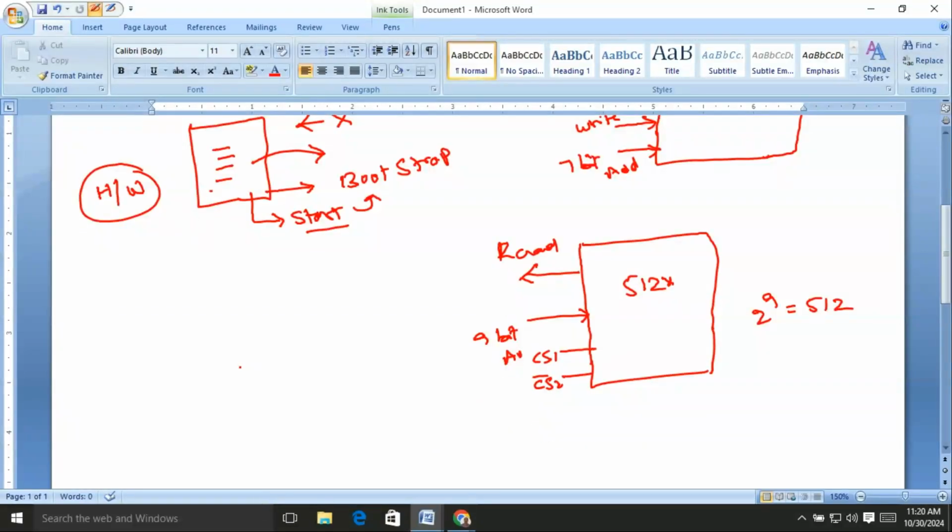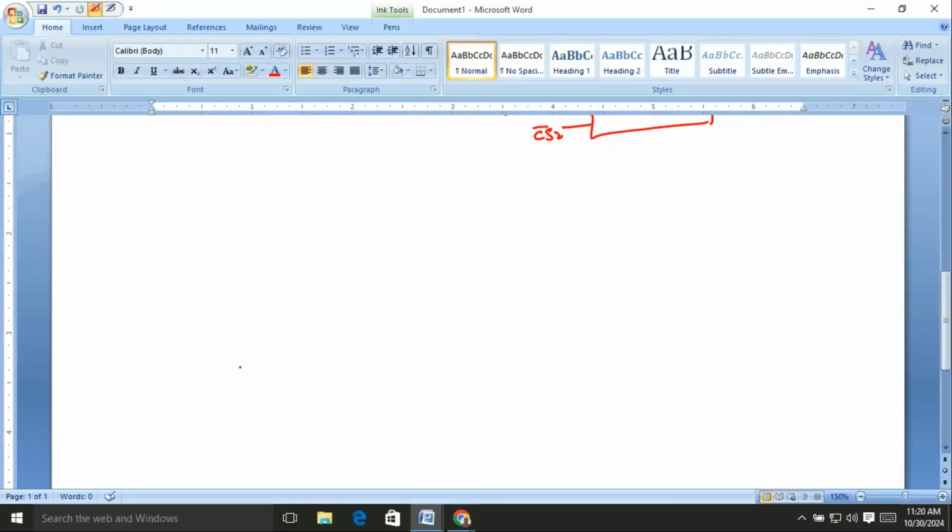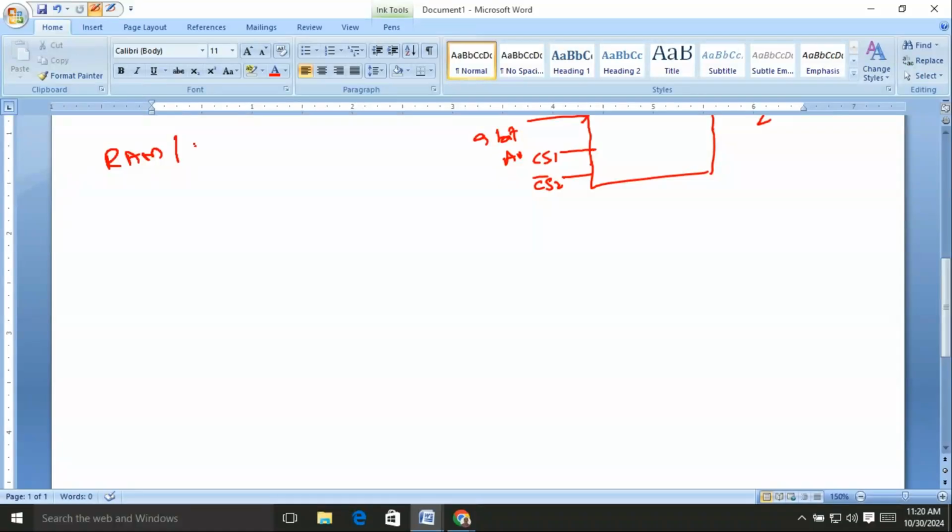Now how are we going to connect the RAM and ROM chips into the basic computer? For the basic computer, we connect both RAM and ROM chips. Both have the same capacity: the RAM has 512 bytes capacity and the ROM has 512 bytes capacity.